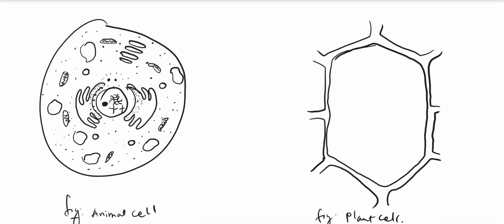So after the diagram of animal cell, I'm going to make a diagram of plant cell. The plant cell has a single and large vacuole. The nucleus is at the lateral part. Here we can see the nucleolus and the chromatin chromosomes. Then, the only organelle that is found in plant cell is plastid.